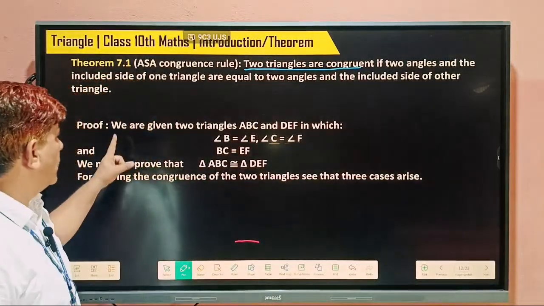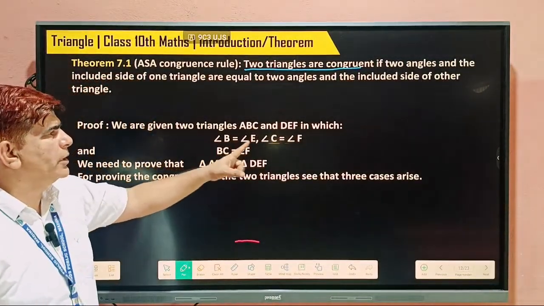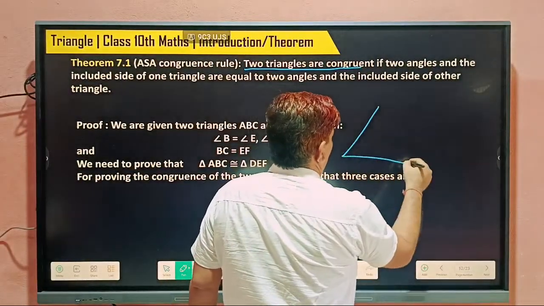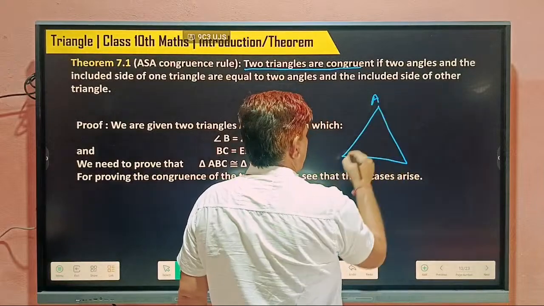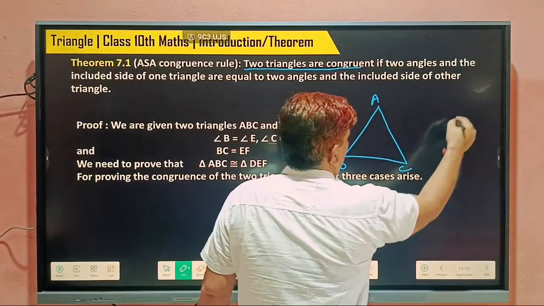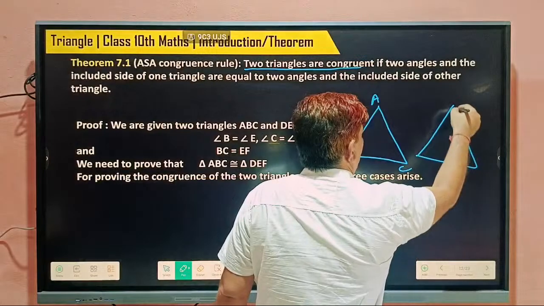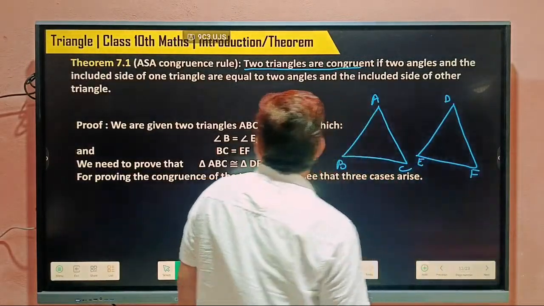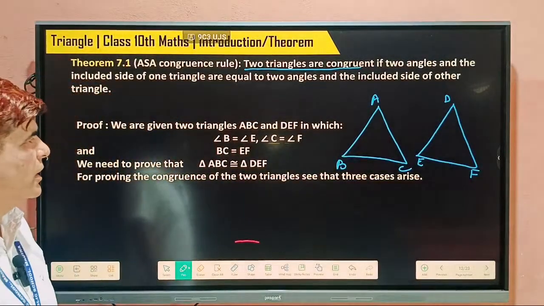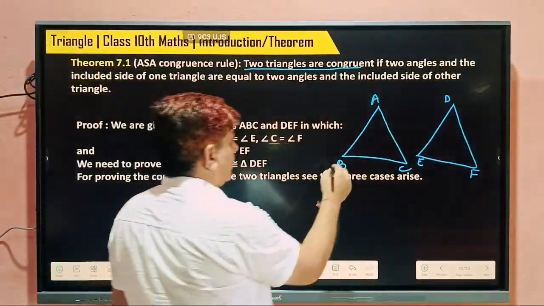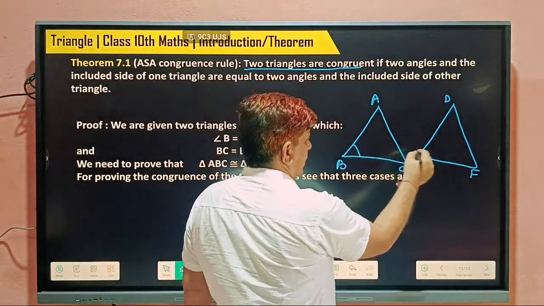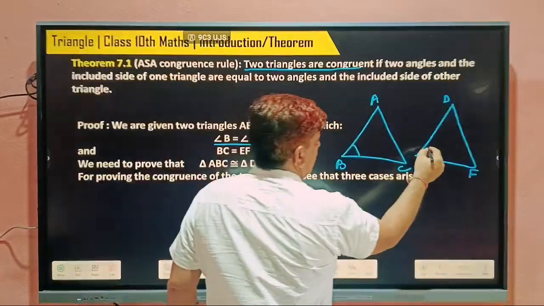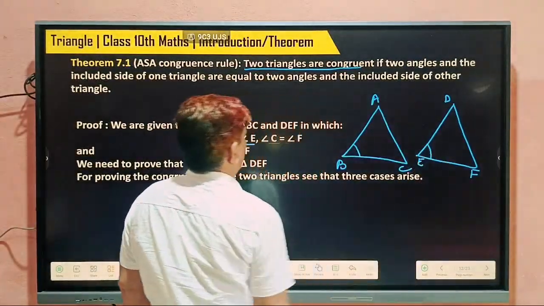So the proof. What's given? We are given two triangles, ABC and DEF. We have two triangles like this. One triangle is this, ABC. Another triangle, what? DEF. Yes or no? What's given? This angle B equals angle E. This angle equals this angle.